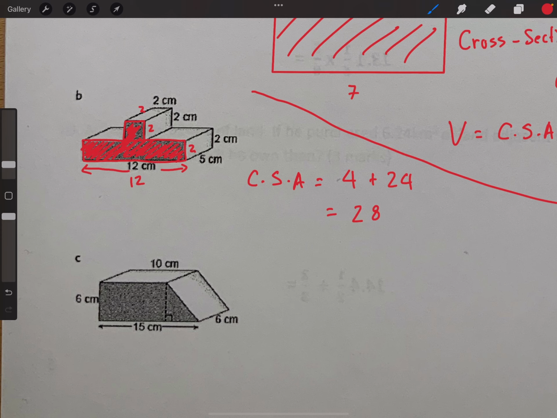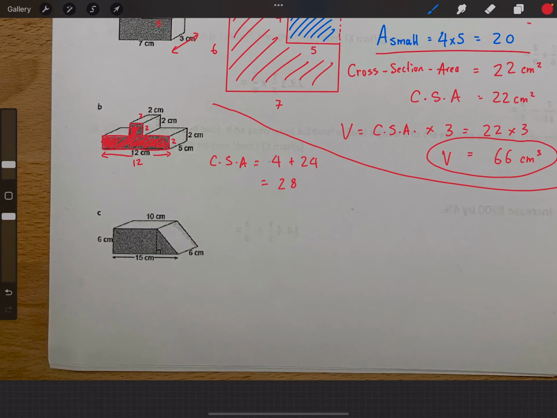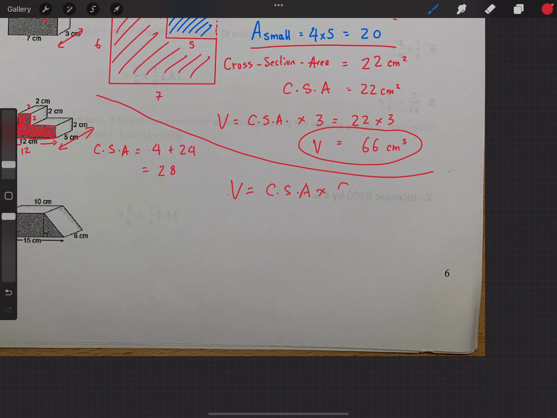To find the volume, simply find the cross-section area times how long we're stacking it. We're stacking it 5 centimeters in that direction. So you multiply it by 5. That equals 28 times 5, and that's going to give you 140 centimeters cubed. Sorry, that's the volume.